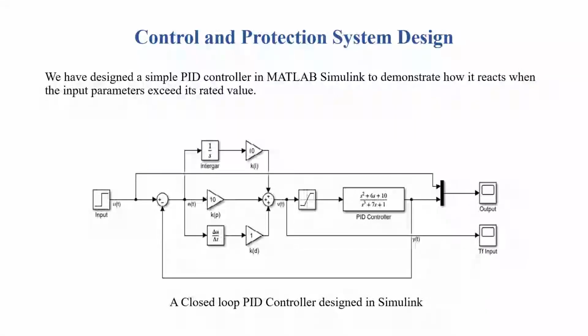degree. We have designed a simple PID controller in MATLAB Simulink to demonstrate how it reacts when the input parameters exceed its rated value. Depending upon the requirements, the PID controller monitors the analog parameters from the input terminals.